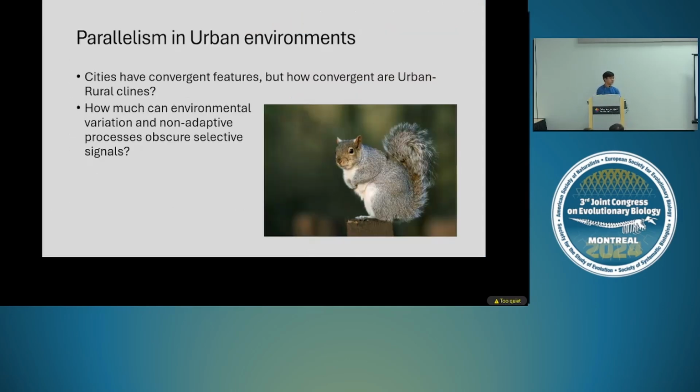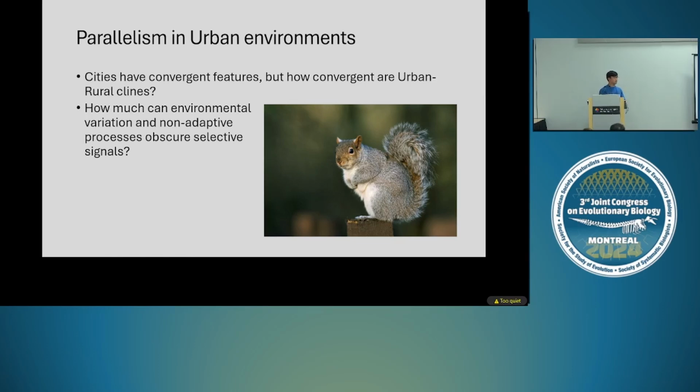So I guess the general framework that I want to understand is parallelism in urban environments. We often think of cities as environments with lots of convergent features, and we can use these convergent features to try to understand convergent evolution across different cities. But the question that always remains in evolutionary biology is, how convergent are these clines?